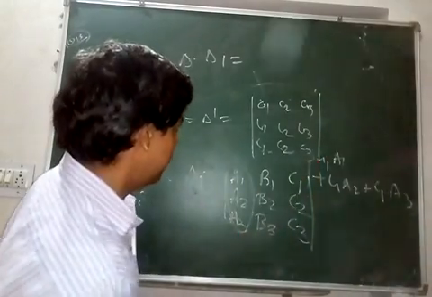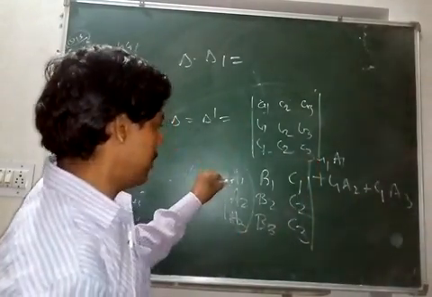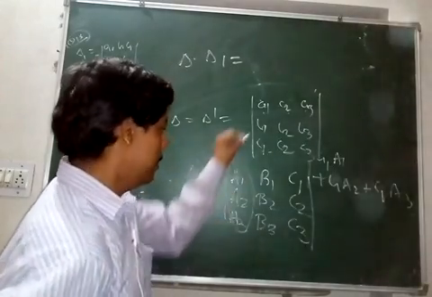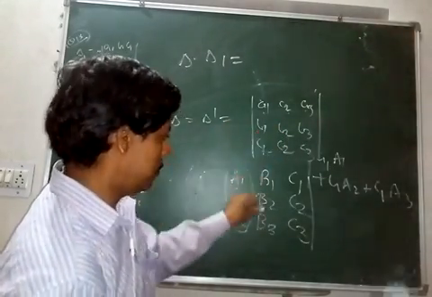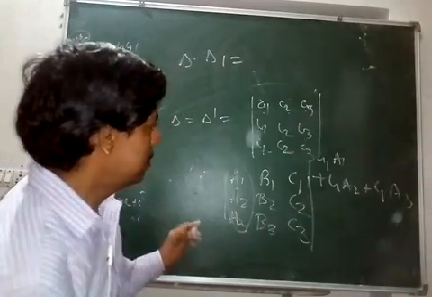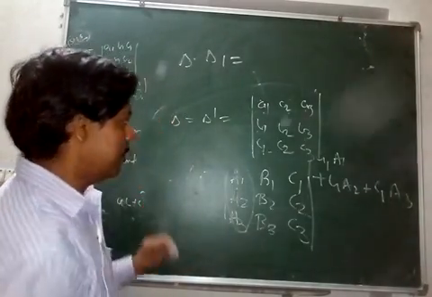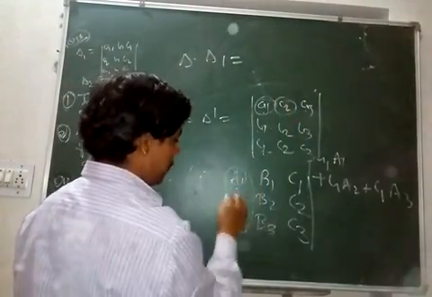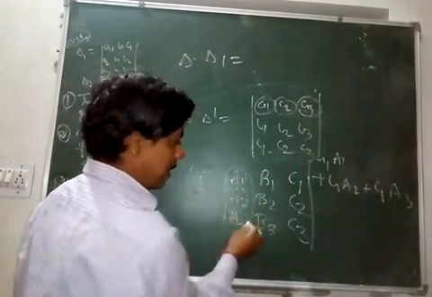And then we can write like this: A1 into A1, A2 into A2, and A3 into A3, B1 into B1, B2 into B2, B3 into B3, and so on. So what you will get here is the first element that you will write is A1 into A1, A2 into A2, A3 into A3, like that.